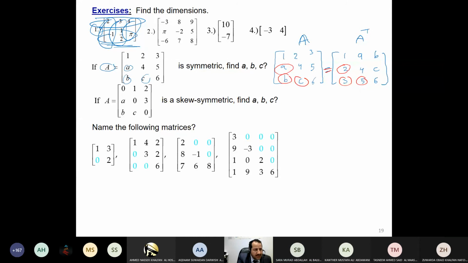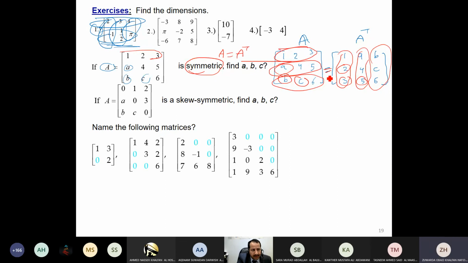Now, he told me symmetric matrix. The definition for symmetric matrix is A equals A transpose, correct? So I did the transpose. The first row becomes the first column. Second row, second column. Third row, third column. Since we have an equal sign here, elements should be equal in the same place.